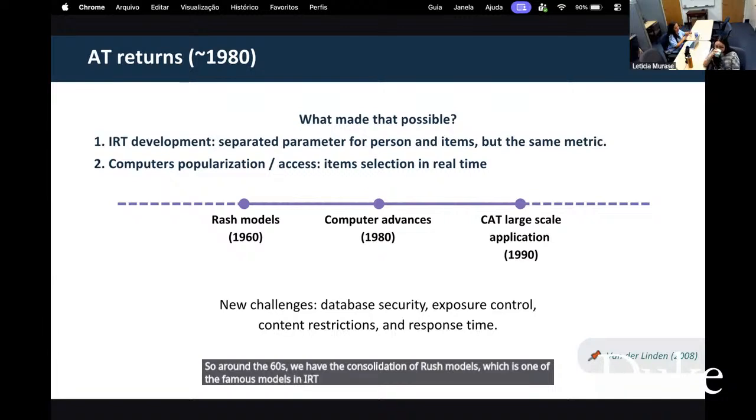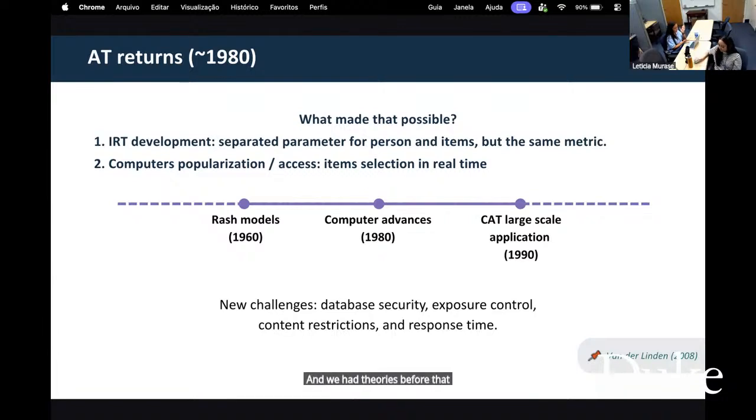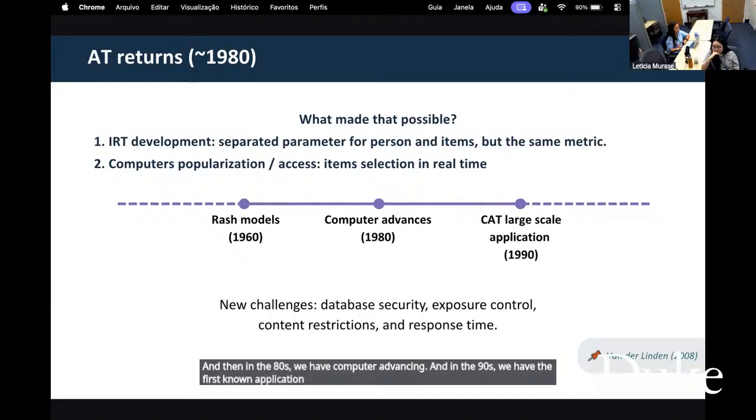And we had theories before that, but the Rasch model would set a stone in history. And then in the 80s, we have computers advancing. And in the 90s, we have the first known large-scale application of what is now called CAT, which is computerized adaptive testing.